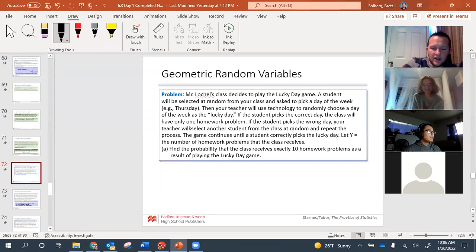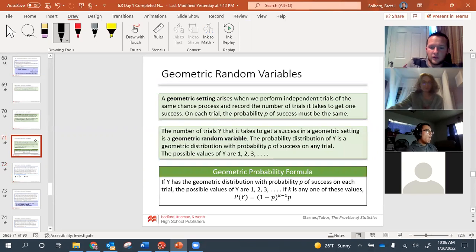Okay. So this is a geometric because you go until you have a success, which in this case is that they get it right. The probability of getting it right is 1 out of 7. And what we're looking at is the probability that they get it right on their 10th time. So we're going to use this formula right here.